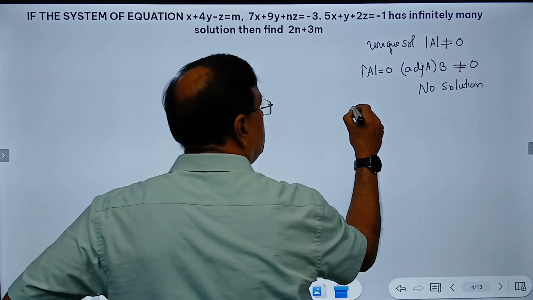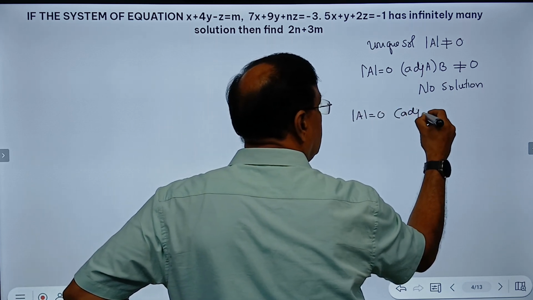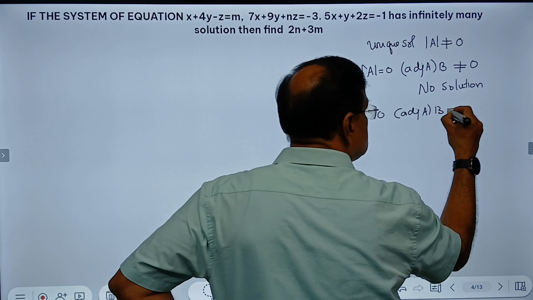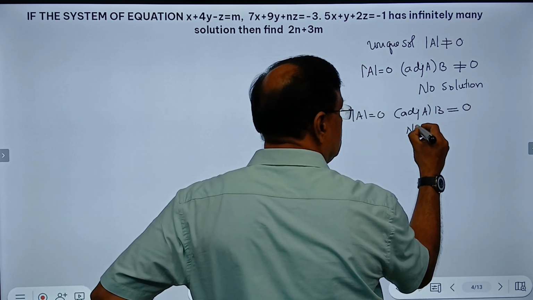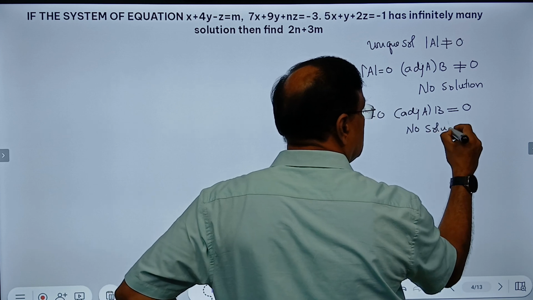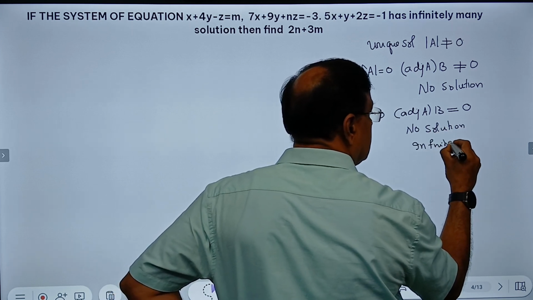Now if determinant A is 0 and adjoint of A into B is also 0, then you can say two things. One is it can have no solution, or it can have infinitely many solutions.